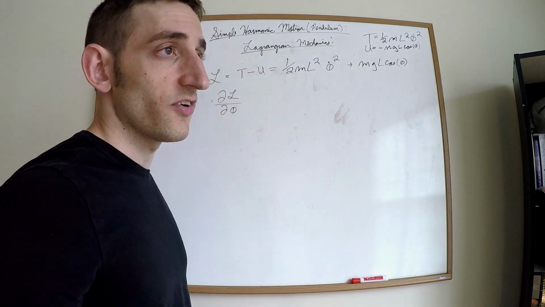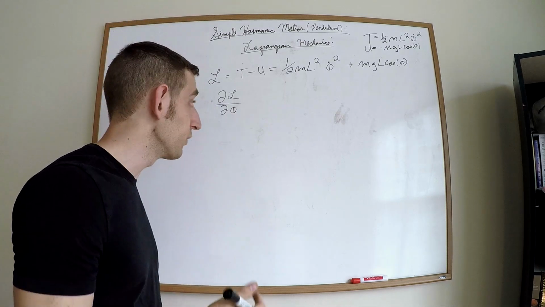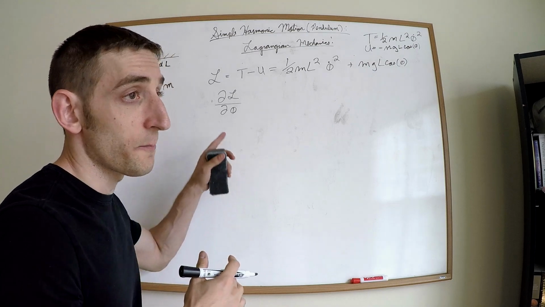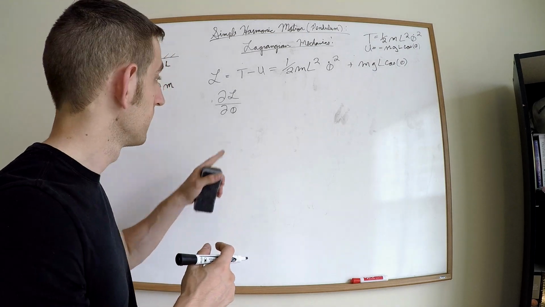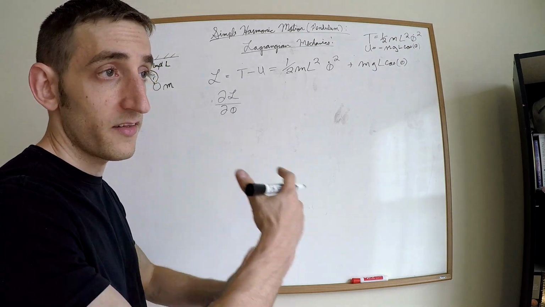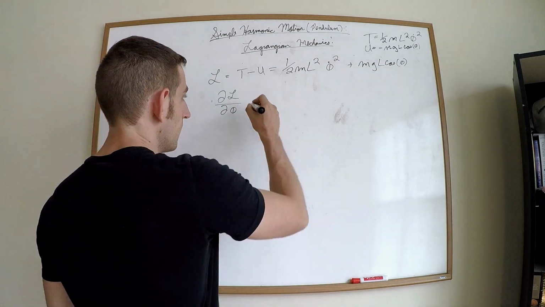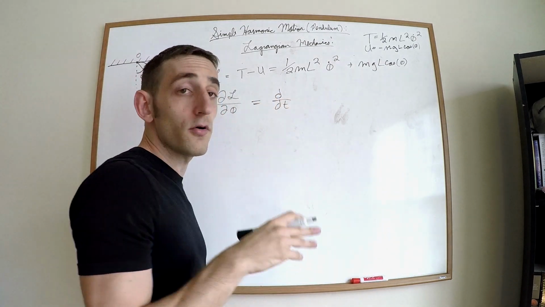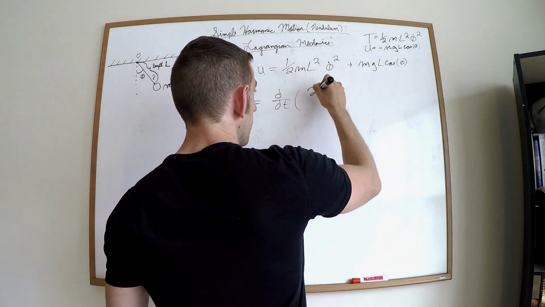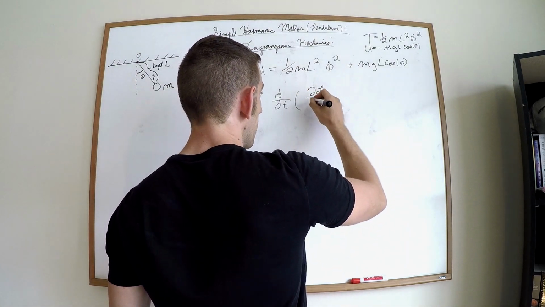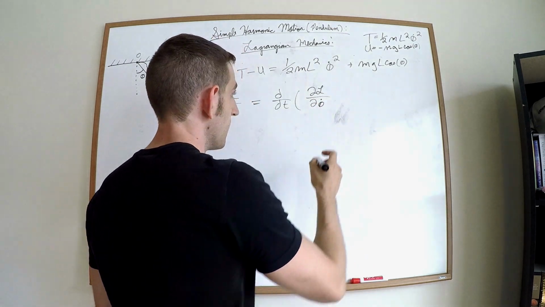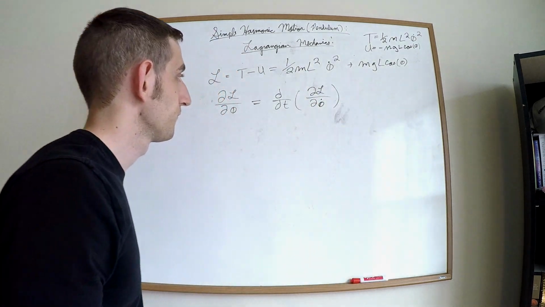Using the language of calculus of variations, we know that the partial of the Lagrangian with respect to the path variable, in this case theta, since we're trying to determine the path of theta, is equal to the derivative with respect to the independent variable, time, of the partial of the Lagrangian with respect to theta dot. Okay?